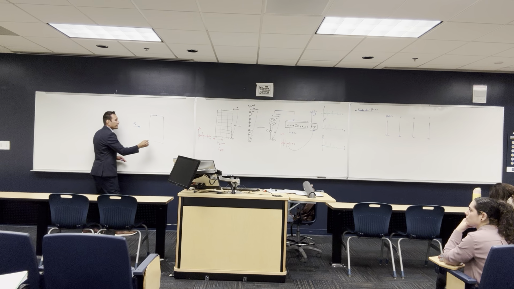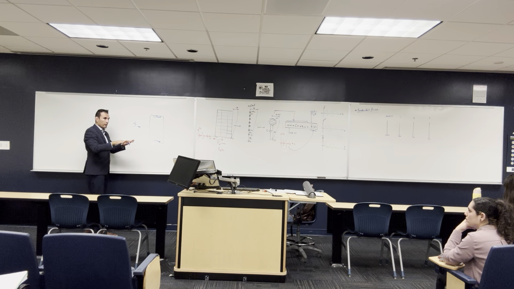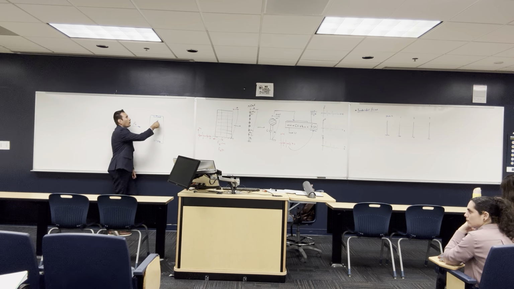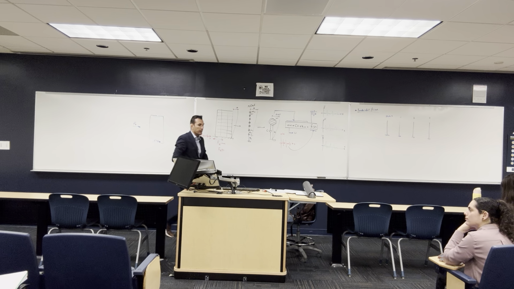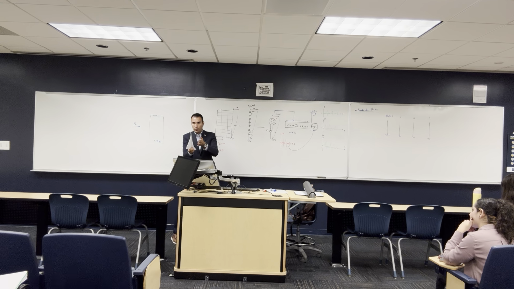If this building has symmetrical stiffnesses, like shear walls here and shear walls here, it's gonna move that way. But let's say somehow you cannot put a shear wall here. So what is gonna happen? When this building gets hit with a force at the base, it wants to move like this, and looking at the plan it is gonna make like this. But there's something very stiff holding here, so the floor is gonna be like this, and it's gonna have torsion.